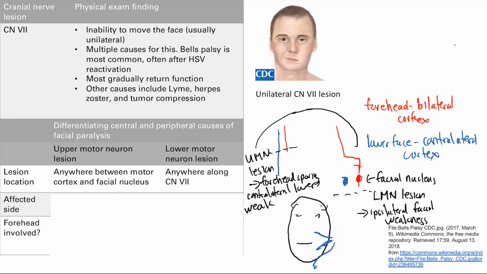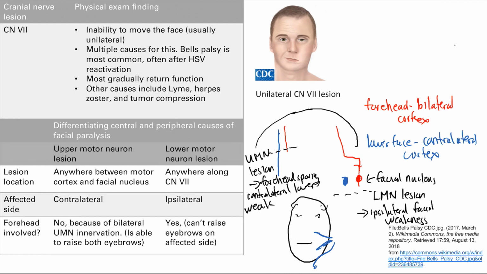I apologize for my handwriting. I know it's very hard to read, but at least you can listen and understand. So this chart basically says what I told you: the lower motor neuron lesion has ipsilateral weakness, and it's both sides, so the forehead will be involved. The upper motor neuron lesion, on the other hand, because of the bilateral cortex innervation, the forehead will be spared because it has the dual supply.